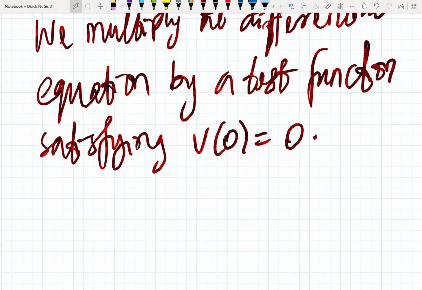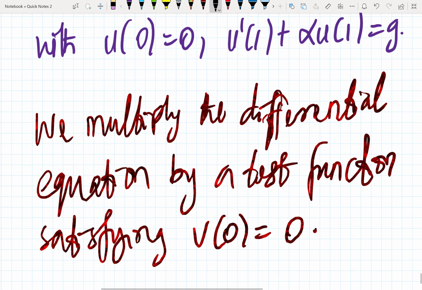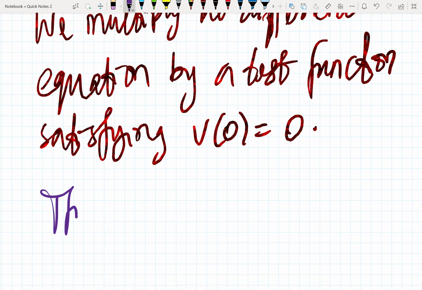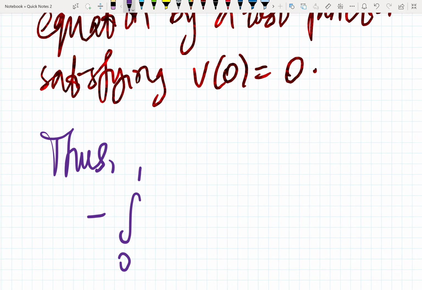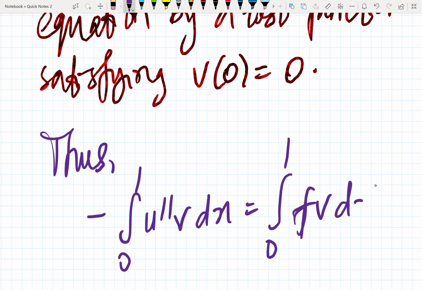If we do that, thus we have minus integral from 0 to 1 u prime prime v dx equals integral from 0 to 1 f v dx. That's the same thing we've done before.